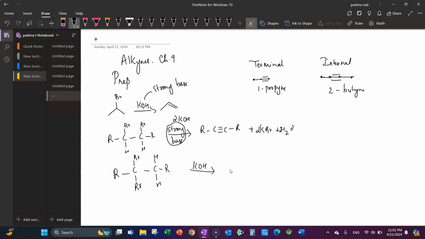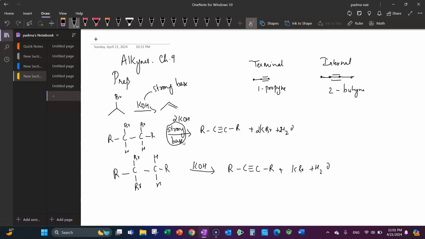This results in the formation of a triple bond similar to the previous example, and again the side products will be KBr and H2O. So this is a good method of preparation of alkynes from alkyl halides.